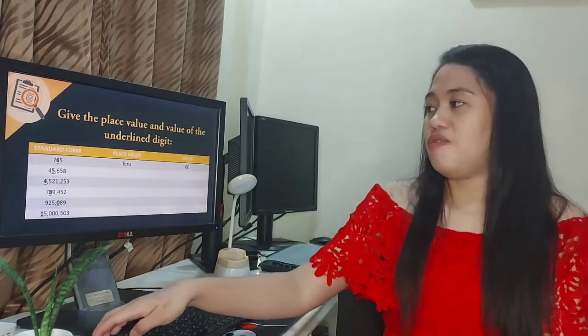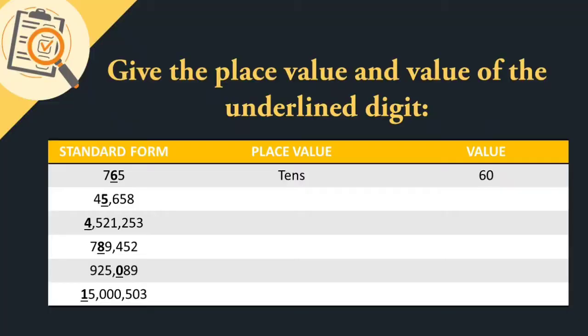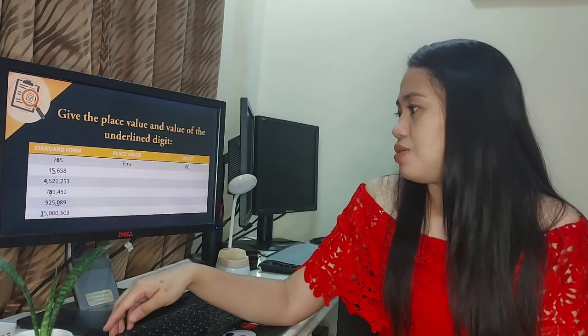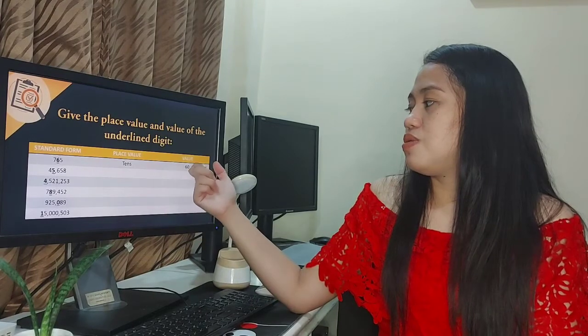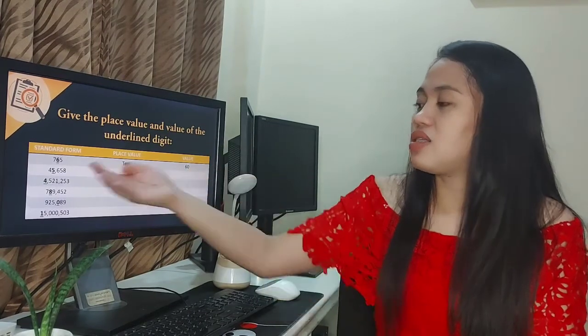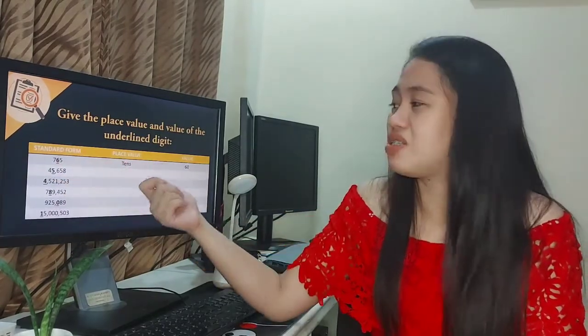Alright, so let's have a quiz, a short quiz. Give the place value and value of the underlined digit. Okay, so when we say value naman, ito yung exact, like in this example, we have the standard form as 765.